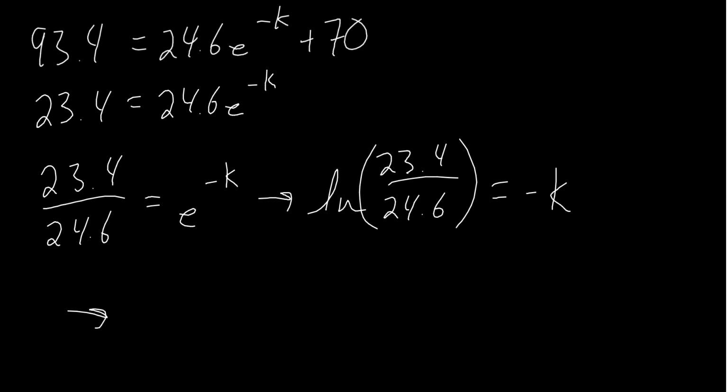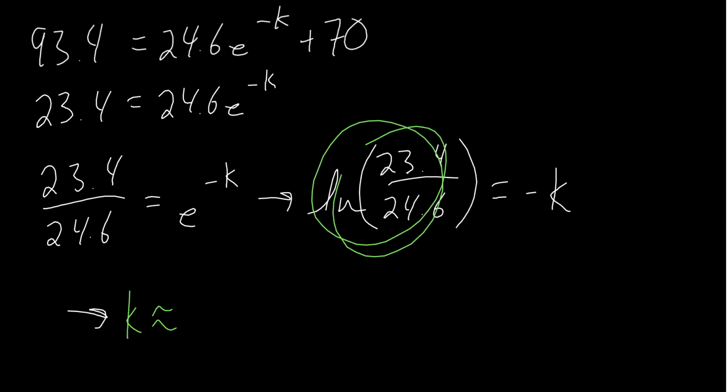And so that means k is going to be approximately, keep in mind we have to write it as a negative, negative 0.05.